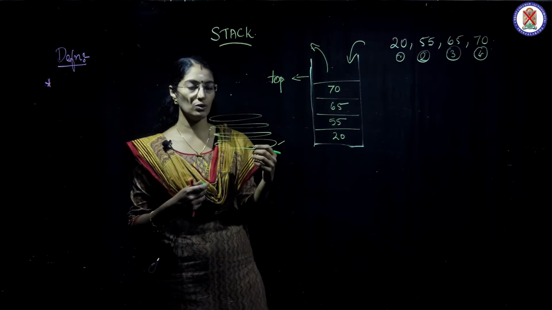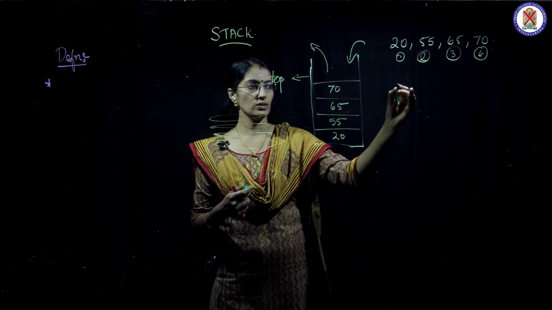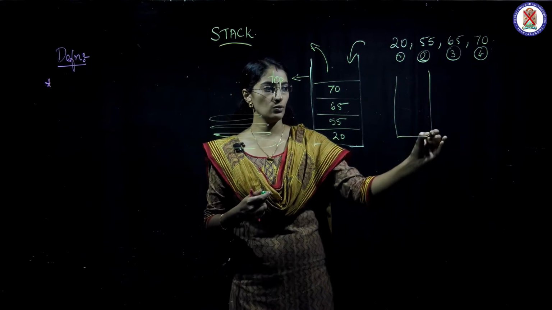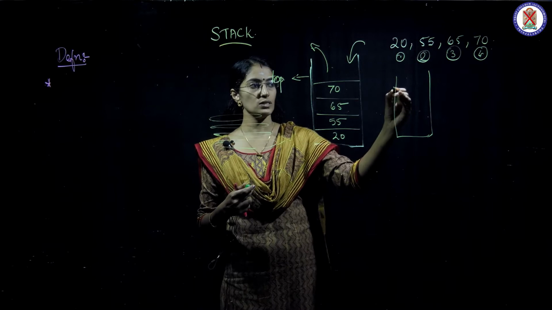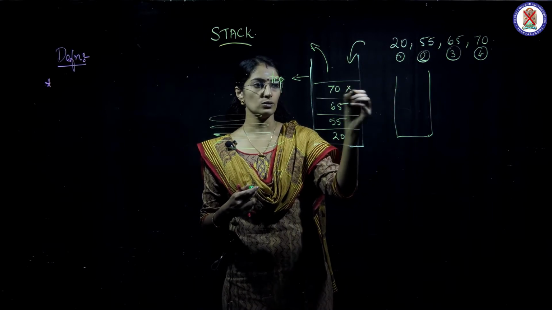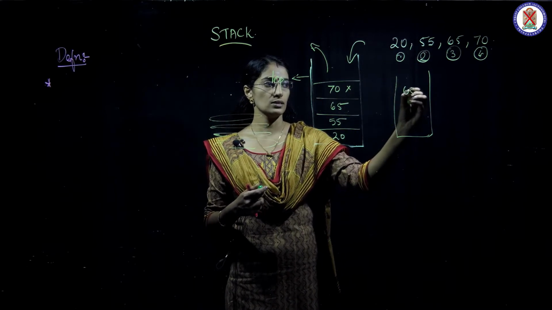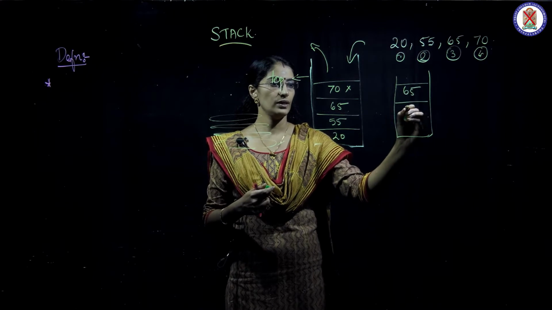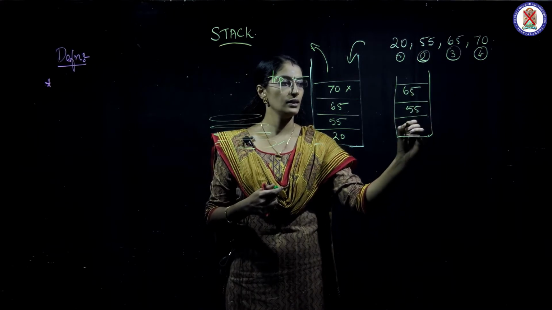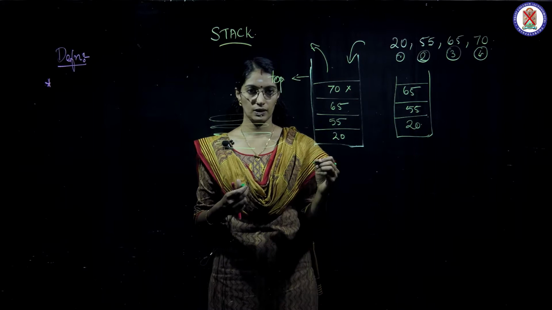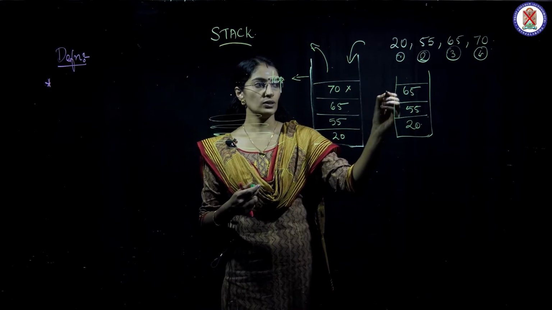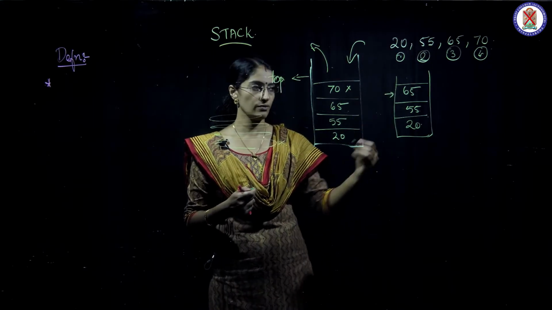So what happens when you delete elements from the top? When you do a deletion operation, first 70 goes out. So what remains is 65, then 55, and then 20, right? For the next deletion, what will go? 65.